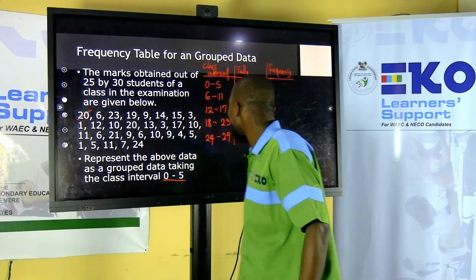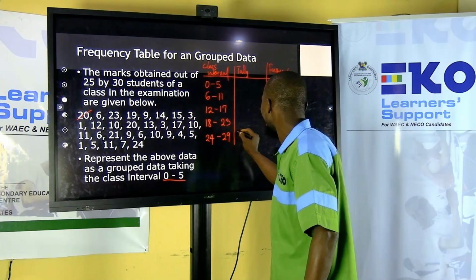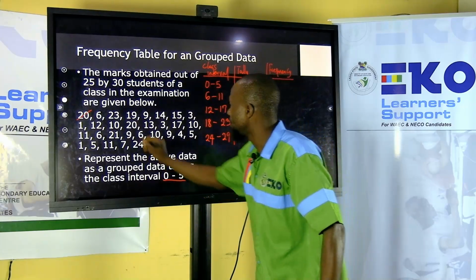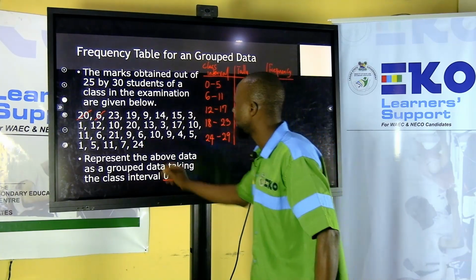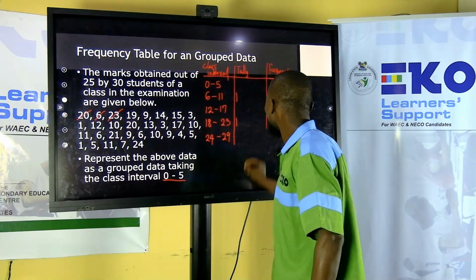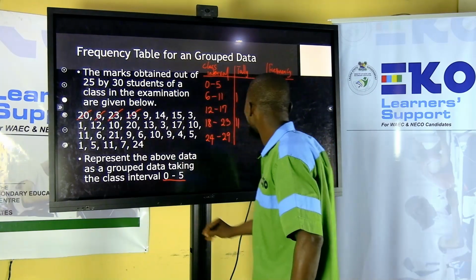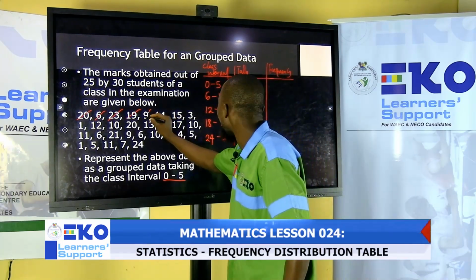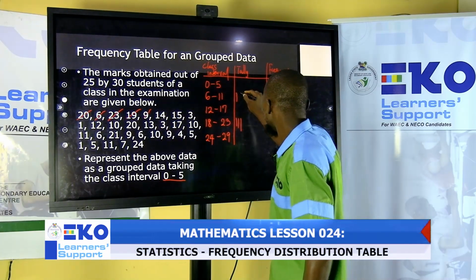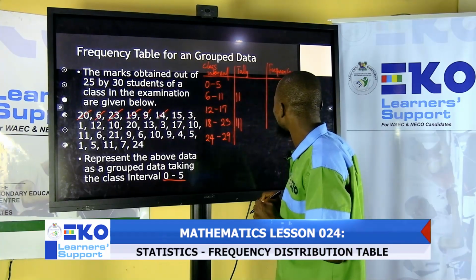This is 20. Which category do we find 20? 20 belongs to this interval. So that is 1. 6 belongs to this interval. That is 1. 23 belongs to this interval. That is 1. 19 belongs to this same interval. 9 belongs to this. 14 belongs to where?